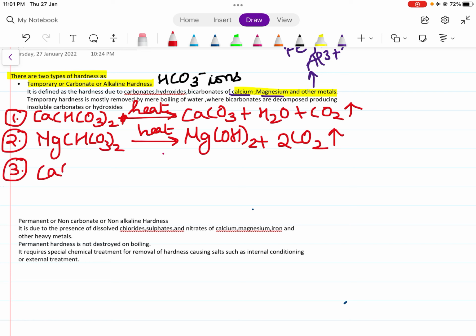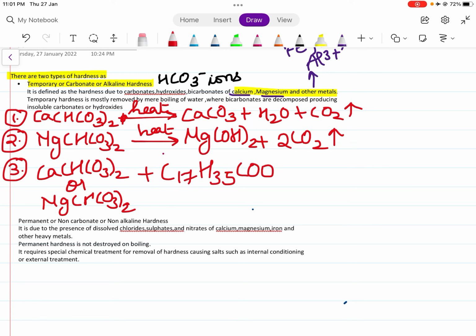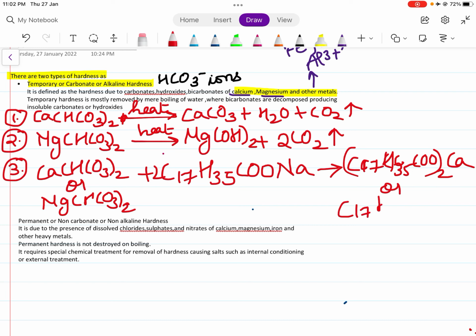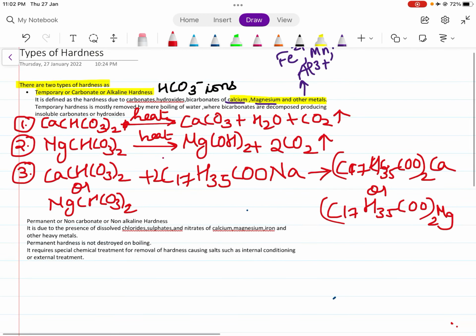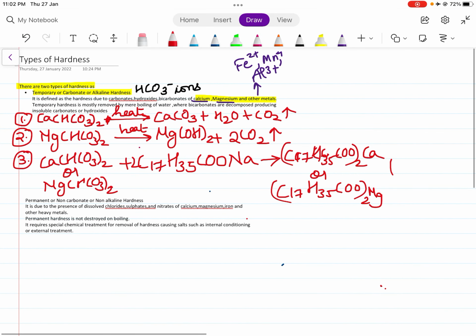And the third reaction, when calcium bicarbonate or magnesium bicarbonate reacts with sodium stearate, we get either calcium stearate or (C17H35COO)2Mg, magnesium stearate, plus sodium bicarbonate.